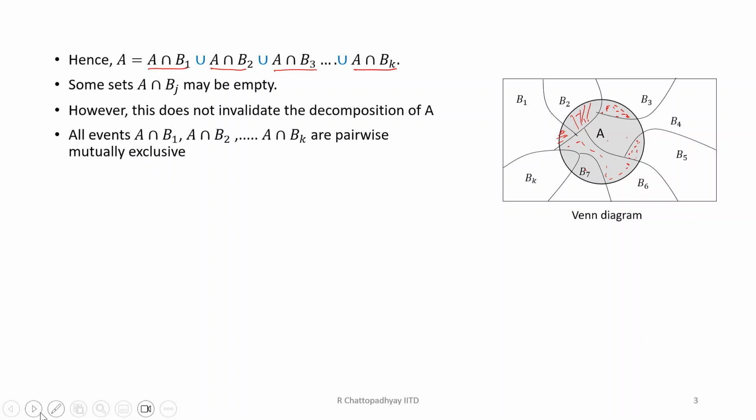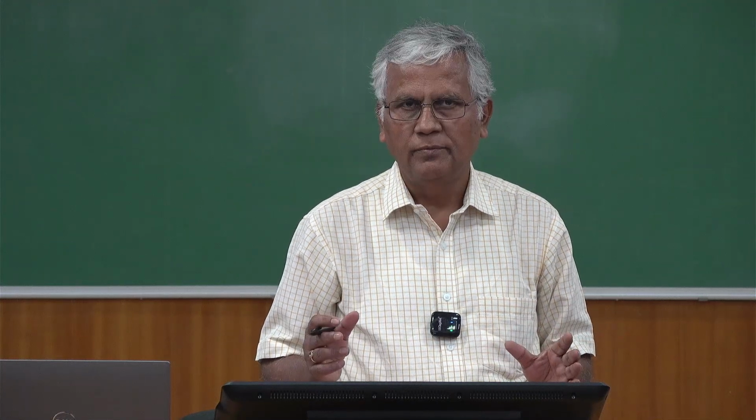All the events A intersection B1, A intersection B2, A intersection Bk are pairwise mutually exclusive. That means they cannot occur simultaneously. That is what it means to be mutually exclusive. Like if I toss a coin, I will only get either head or tail.